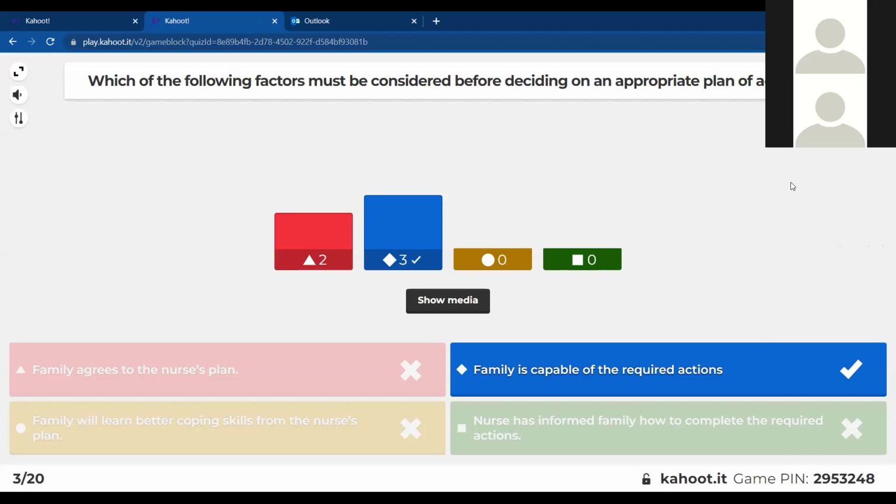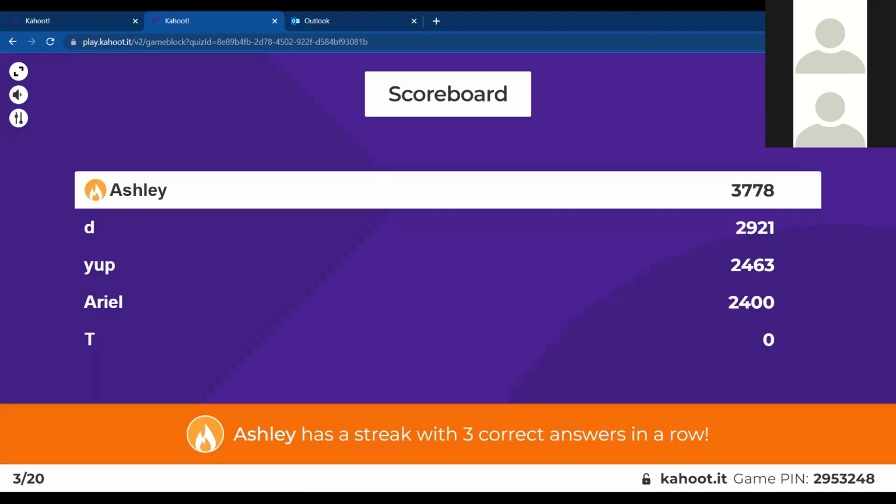You have to see if the family is up to taking care of whatever needs to be taken care of. Are they physically capable of doing whatever needs to be done? Remember, we're looking at what happens before the plan. So red would not be the right answer, because the family agrees to the nurse's plan. We're not ready to implement the plan yet. We're just planning it, because we're deciding what is a good one to do. Does that make sense for those who answered red? You don't have to answer me, but that would be our rationale there.